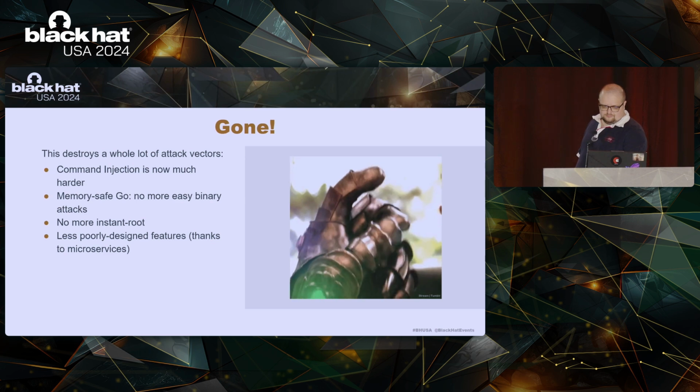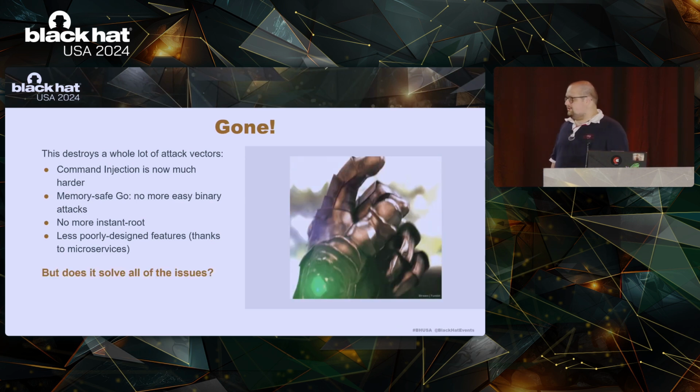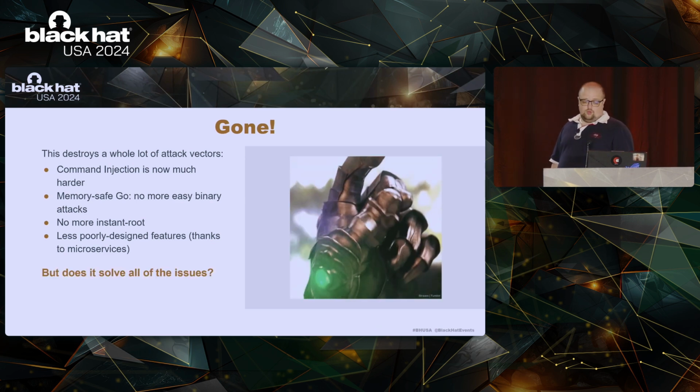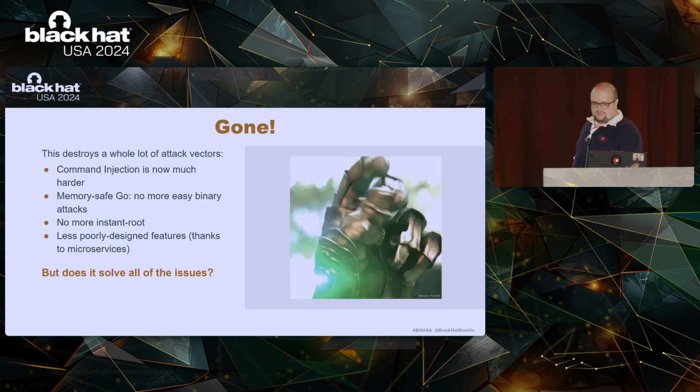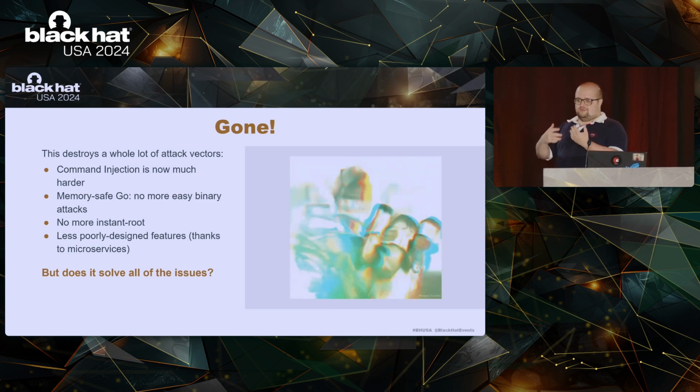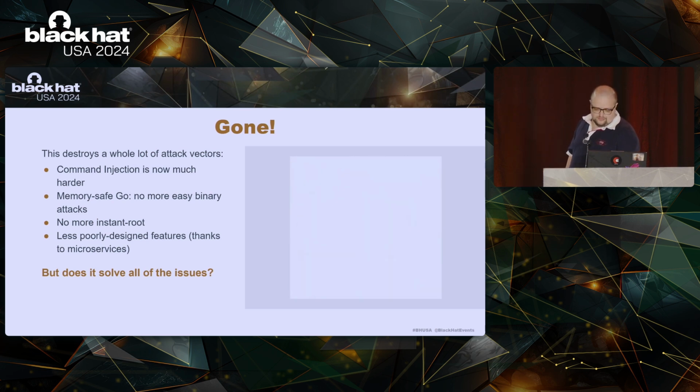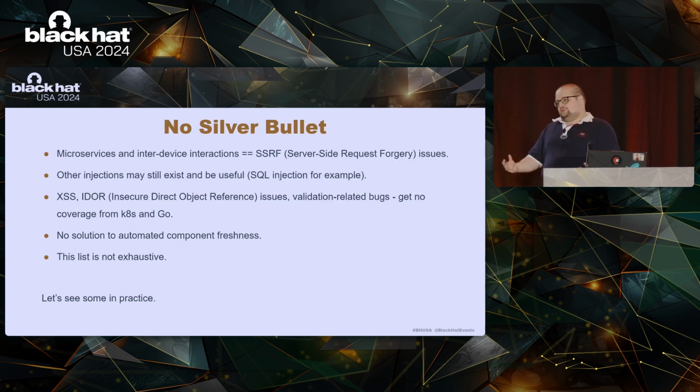But does this solve all of the issues? Our claim is that no, it doesn't, and we can demonstrate that. But also, it doesn't solve them even when you apply just pure logic, all right? So first of all, we are now using microservices. And as we have microservices and inter-device interactions, like one appliance calling another, server-side request forgery issues are probably going to be present if you look hard enough for them.